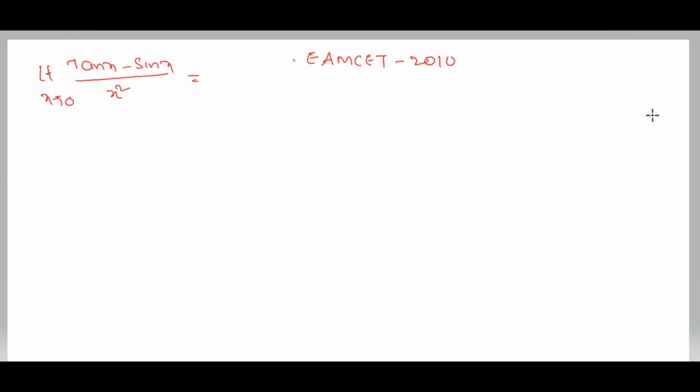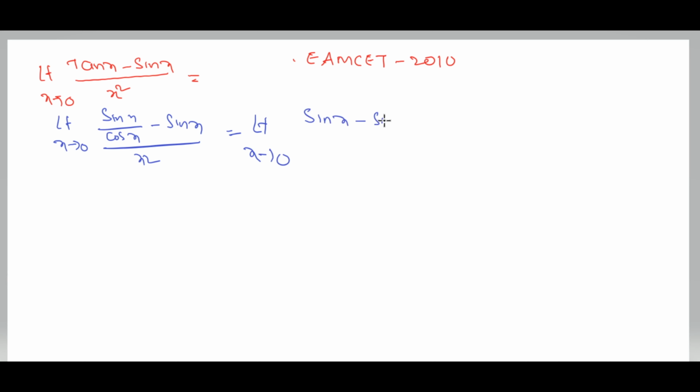Friends, this problem is from MSET 2010. Here is given limit x tends to 0, (tan x minus sin x) by x square. Tan x is written as sin x by cos x, so limit x tends to 0, (sin x by cos x minus sin x) by x square. Take LCM: (sin x minus sin x into cos x) by (cos x into x square).